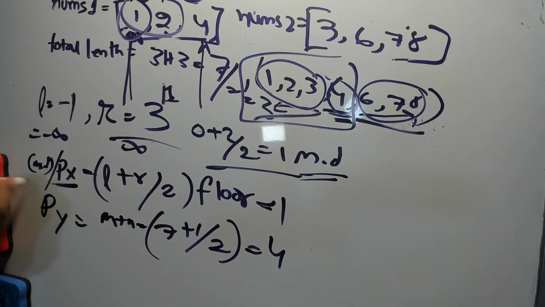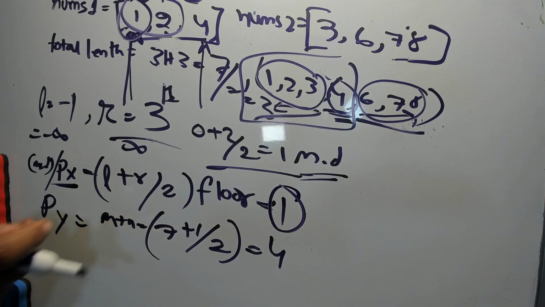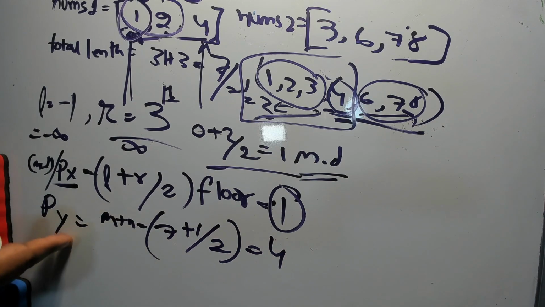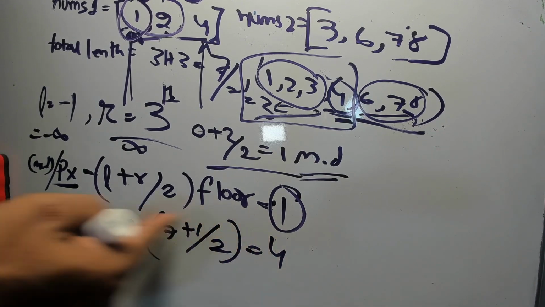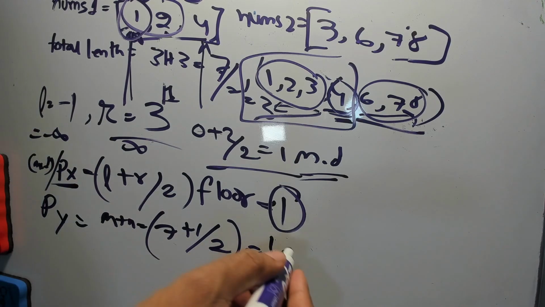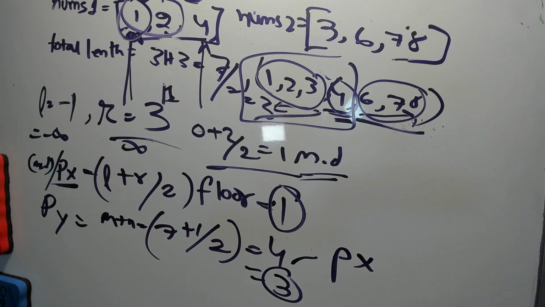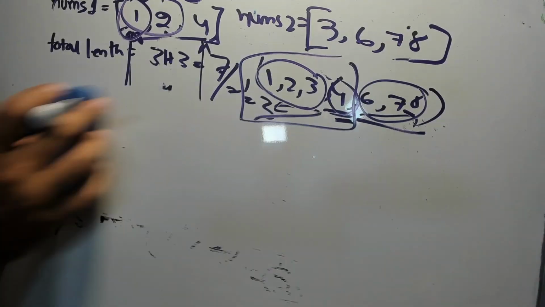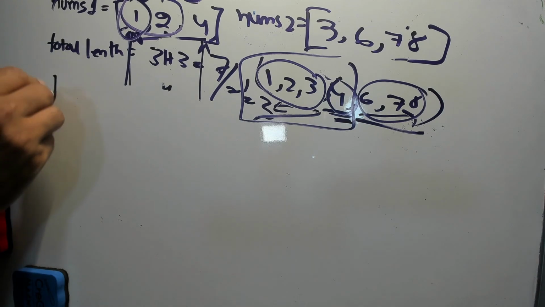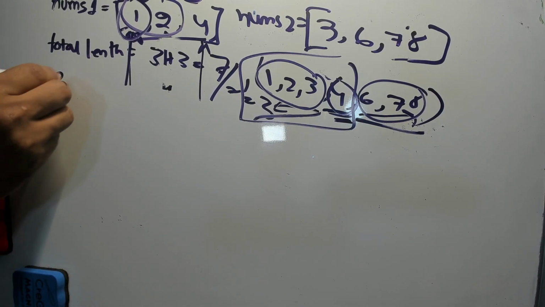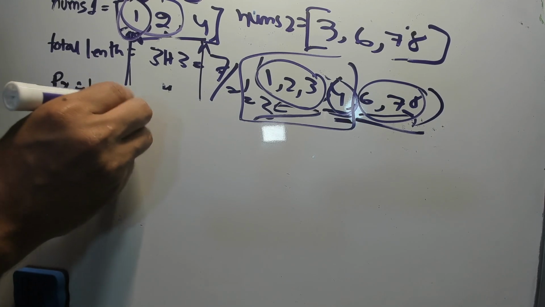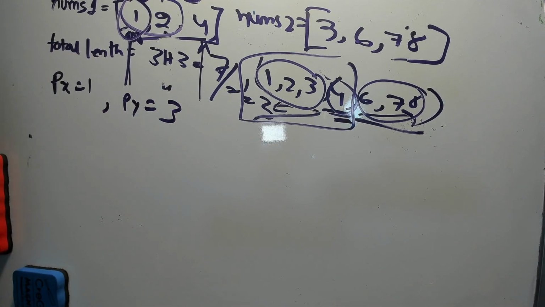But we already picked 1 item for px, right? So how many items should we be picking from py? The number of items for py is 4 minus whatever we already picked, that is px, so that will be 3, right? Now px becomes 1 and py becomes 3.